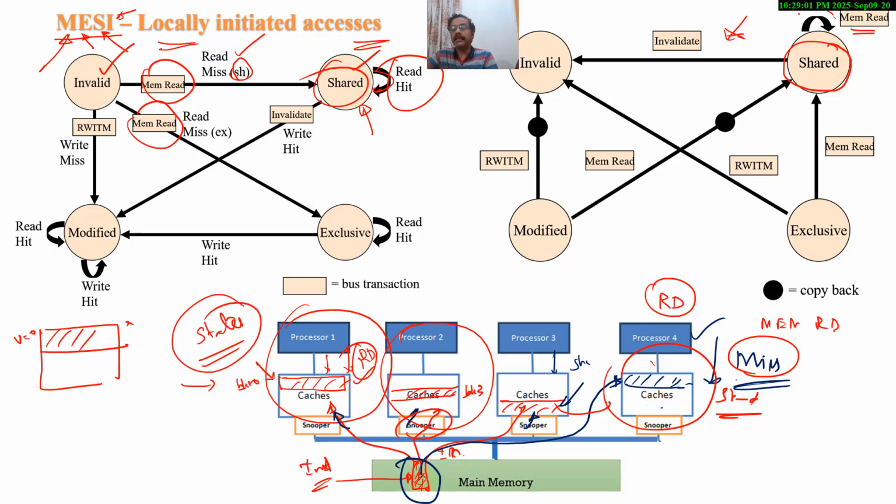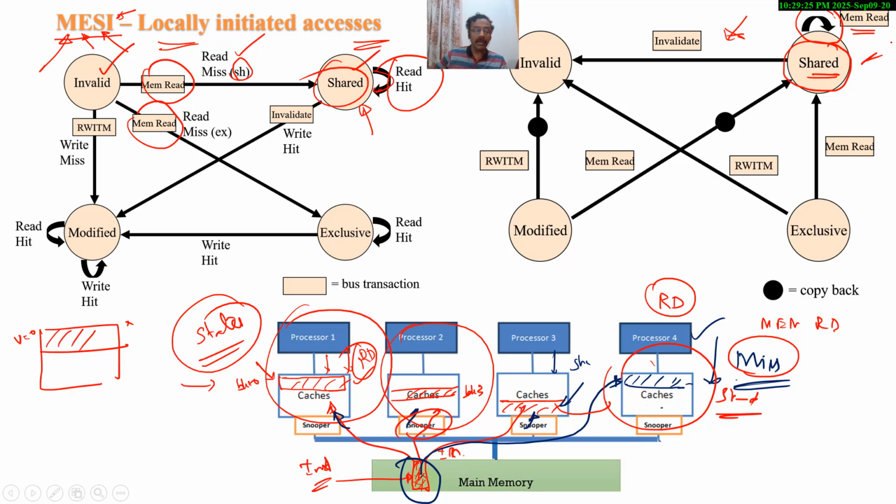If I am seeing that there is a memory read happening on the bus from some other processor, I will continue to hold my particular block in the shared state, because anyway that person is also trying to read it. So I am also reading it. So no problem if multiple people are having the same copy in different caches for a read purpose. There is no harm, and they are in sync with the main memory, so it will be read.